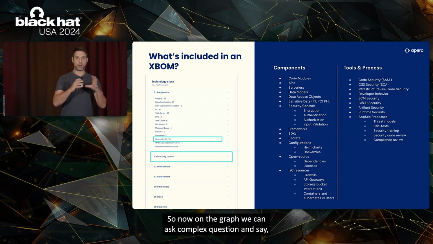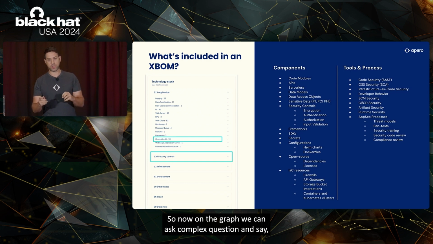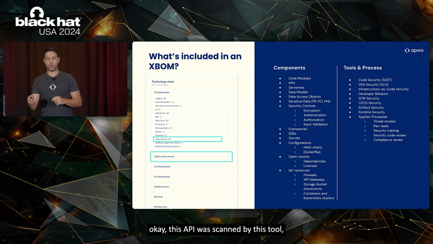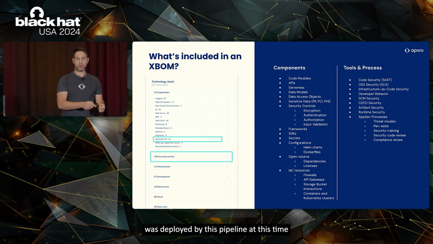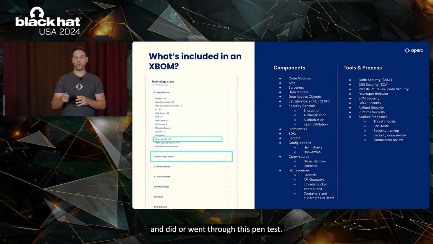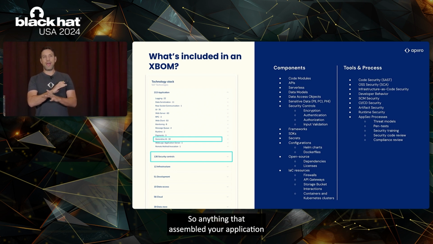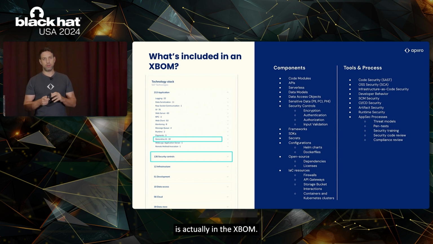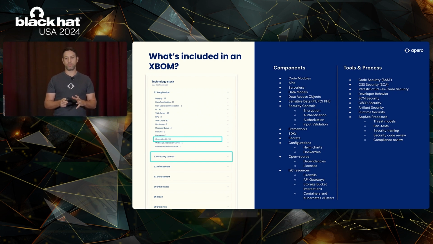So now on the graph, we can ask complex questions and say, okay, this API was scanned by this tool, was deployed by this pipeline at this time, and went through this pen test. So anything that assembled your application is actually in the XBOM.